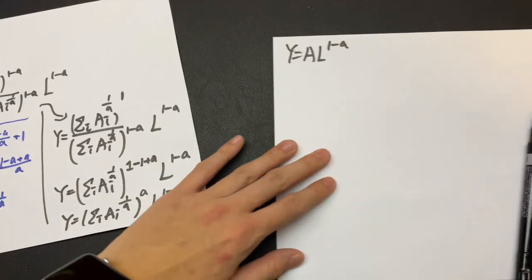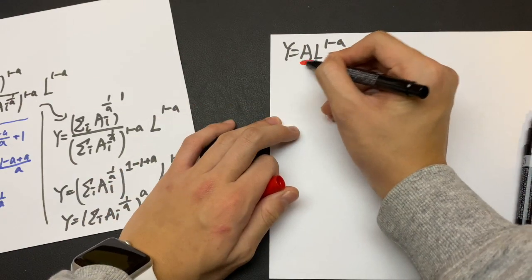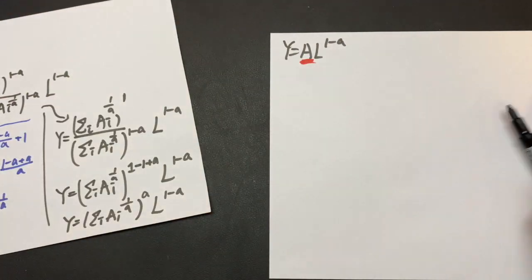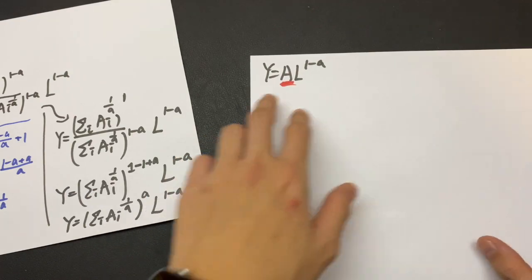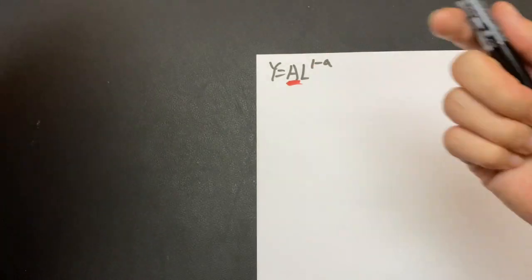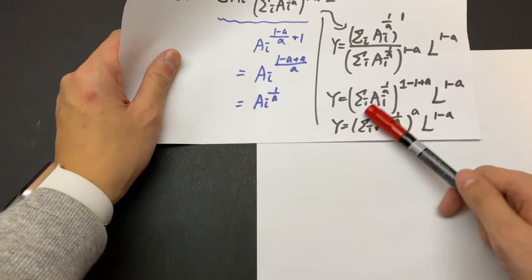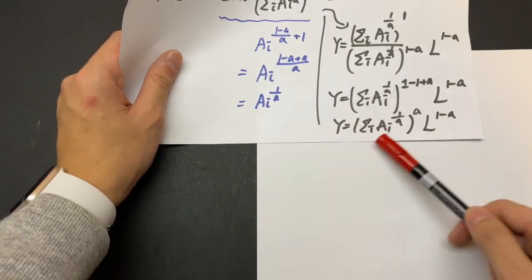This is what is meant by this alpha. So this is one way we can micro-found this seemingly fake aggregate production function. Actually, this does make sense. The A doesn't come from nowhere, but we can calculate it this way.